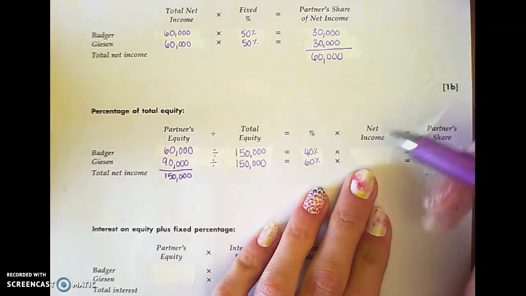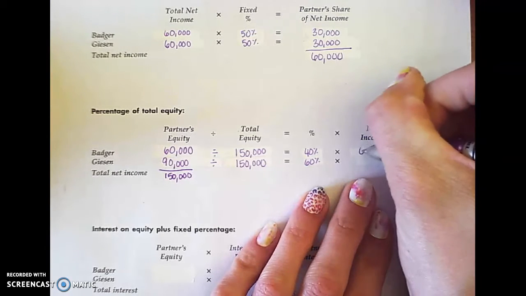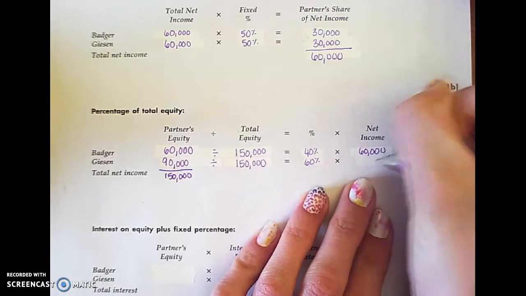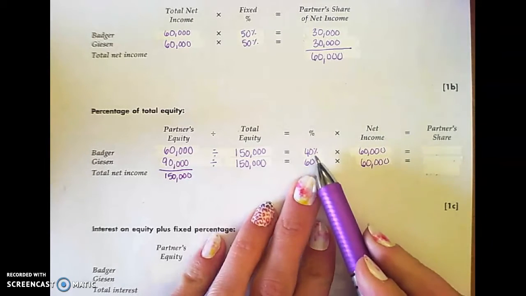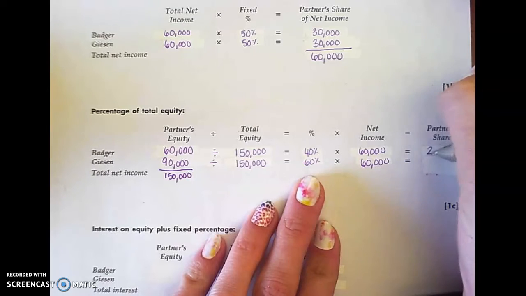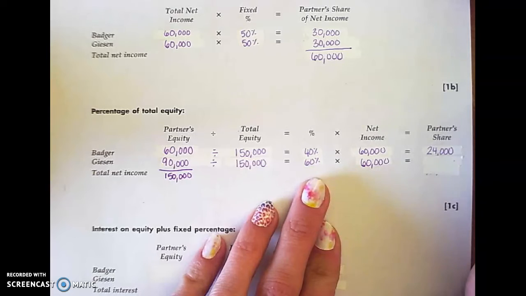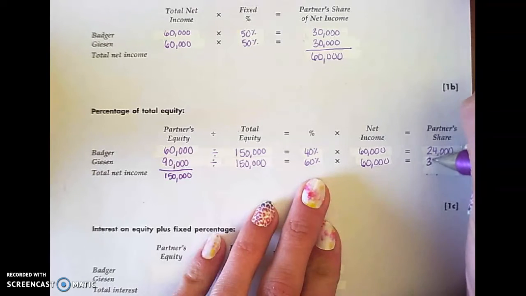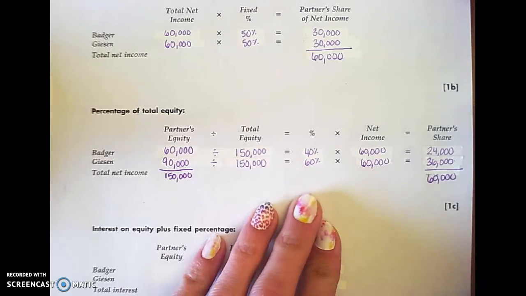So our net income, which was the same as the previous one, that'll all be 60,000. So if I put in 60,000 here for net income, we will then multiply the 40% times 60,000, that is 24,000. And then we will take 60% times the 60,000, and this will be 36,000. And that will equal our total of our $60,000 net income.